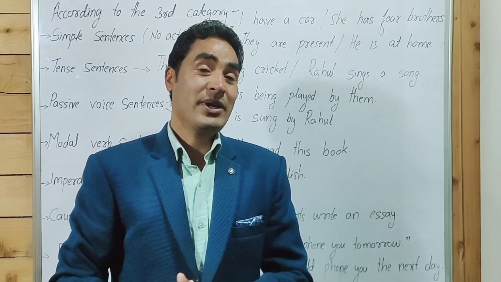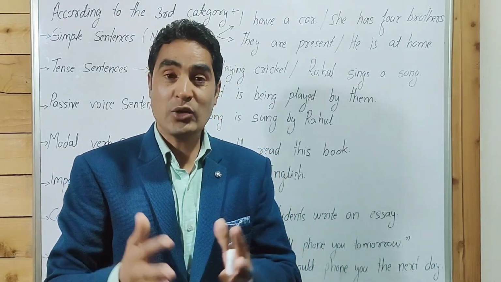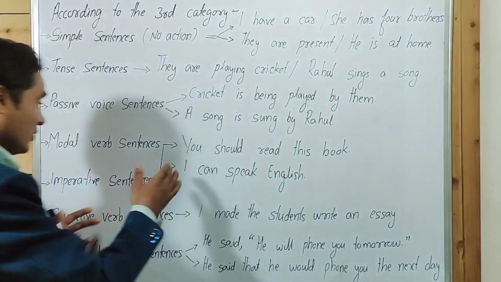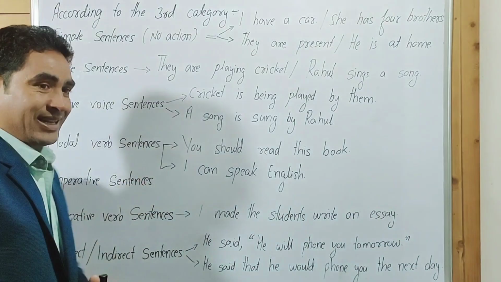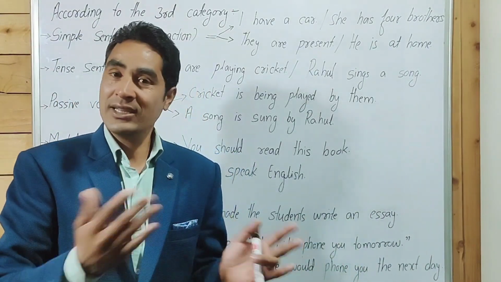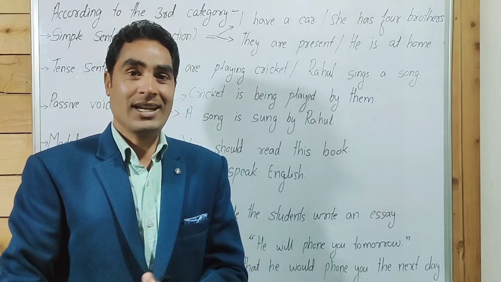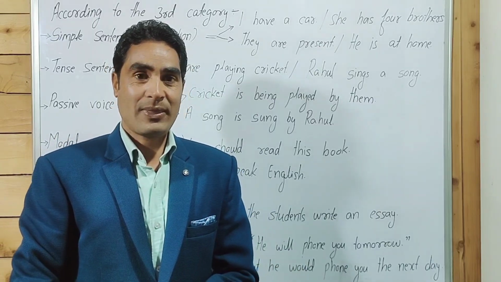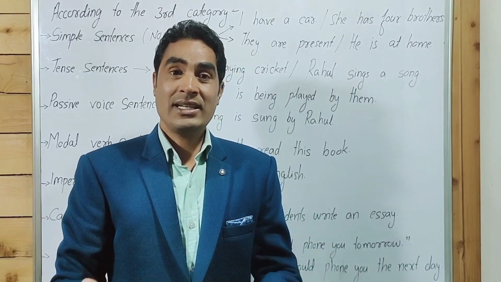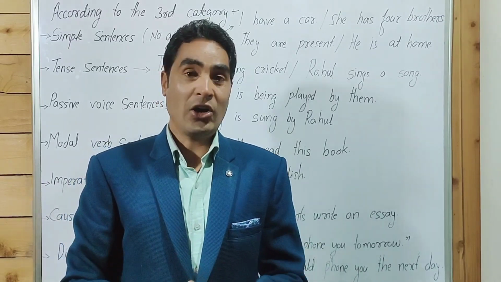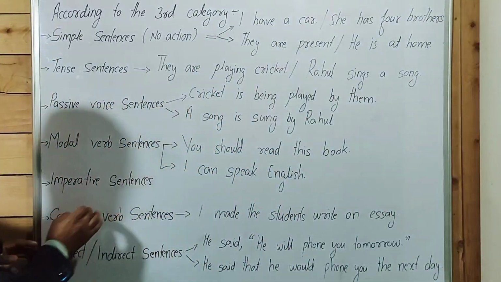She may speak English. You can do it. So these are modal verb sentences. When we talk about imperative sentences, we learned about them in the last session. An imperative sentence expresses suggestion, advice, command, order, etc.